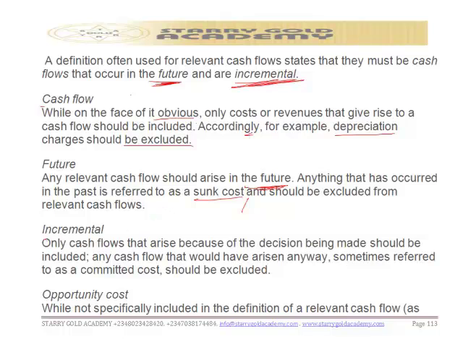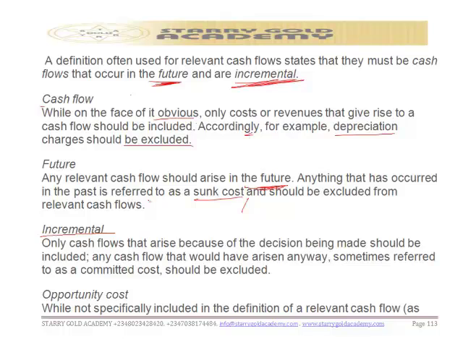And now we have incremental as another condition to determine whether a cash flow is relevant or not. Incremental indicates that only cash flow that arises because of the decision being made should be included. So any cash flow that will have arisen anyway, sometimes referred to as committed cost, should also be excluded.